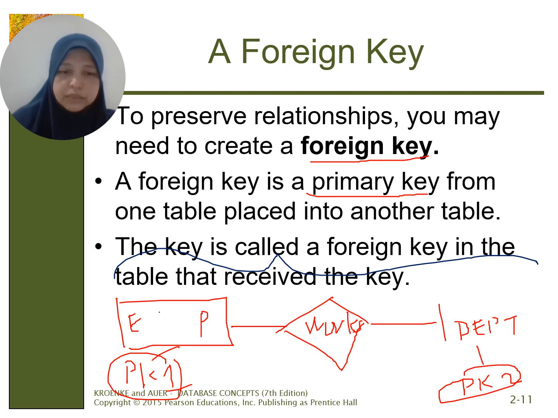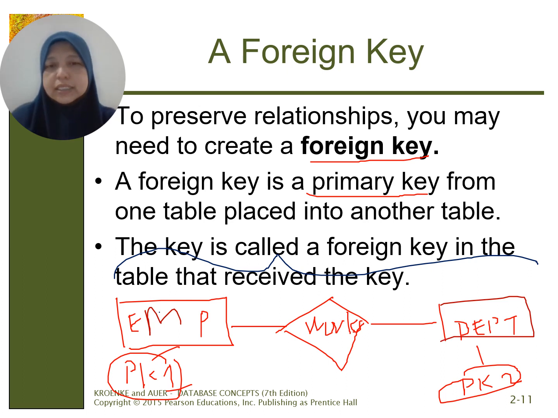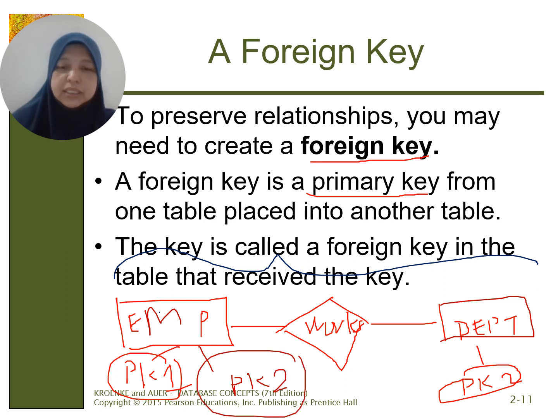Let me write it again. A foreign key is a key that you create in one pair of relationship, and it is a primary key. So if you want to set a foreign key here, you take PK2, primary key 2, from the other table that has the relationship and assign it under the table employee.